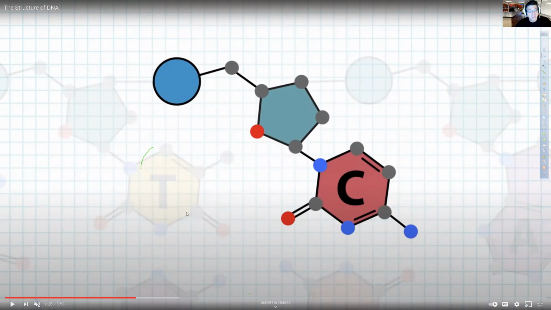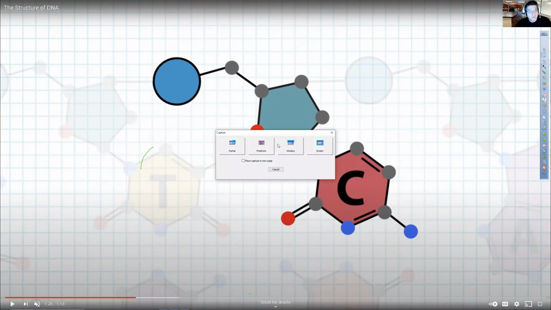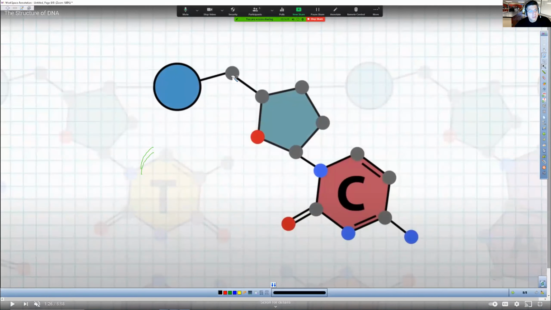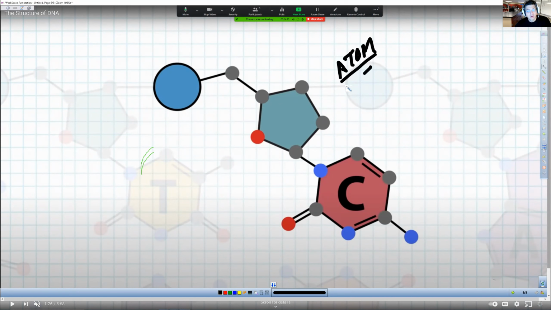Now if we take a look, what are these circles right here? Carbons. Yeah, they're carbons, and they're basically atoms. So every corner is an atom. Here's a double bond, here's an oxygen.